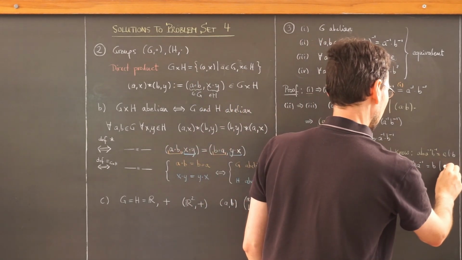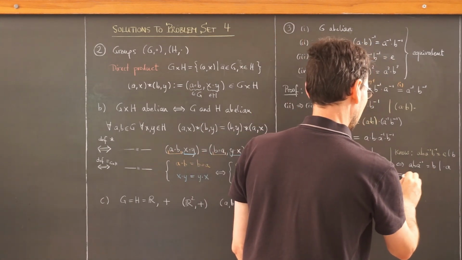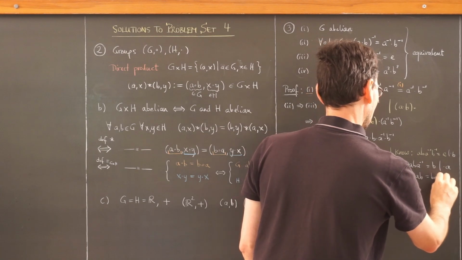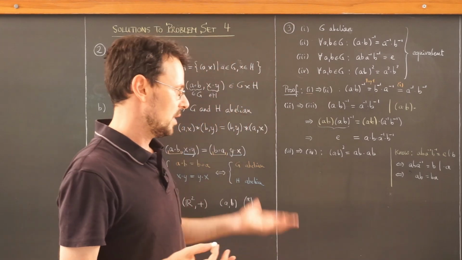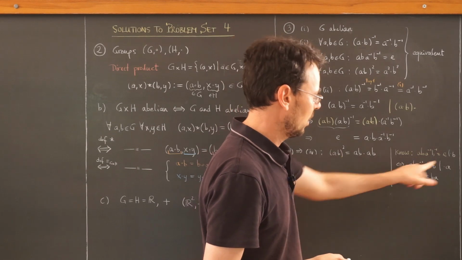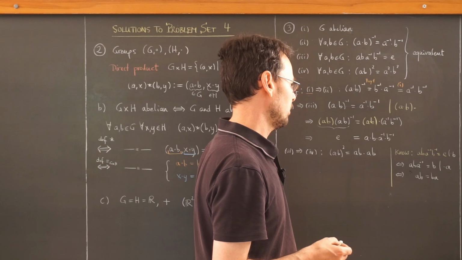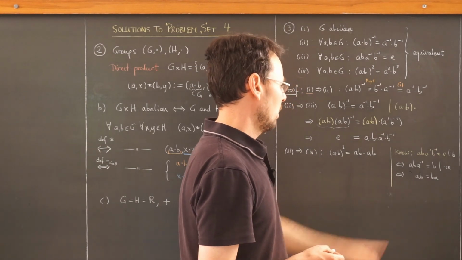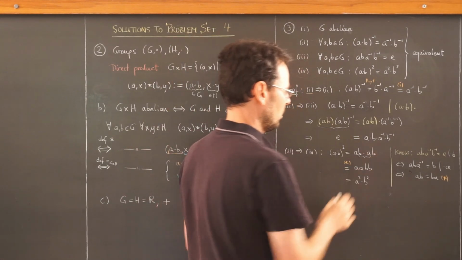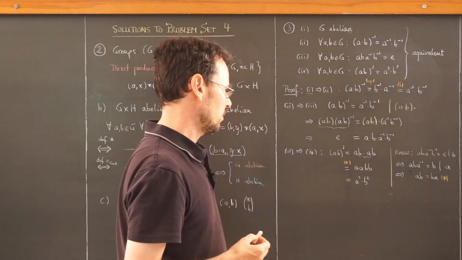And then again, I multiply from the right with A. So we have AB equals BA, which is just the basic condition of commutativity, but formulated in a different way here with this relation. And now I can switch those two here. So then I end up with AABB, which is A squared B squared.